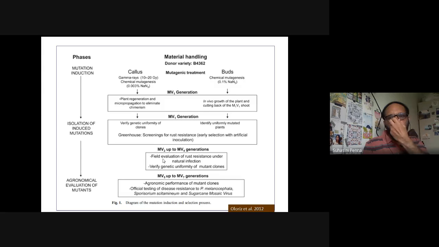This is a very good example of how they have obtained this resistant sugarcane. This is an example from Australia, and it is through chemical mutagenesis, sodium hydroxide. Like for example, it is written with M1V1 generation. Again, it is written V2 to V4.